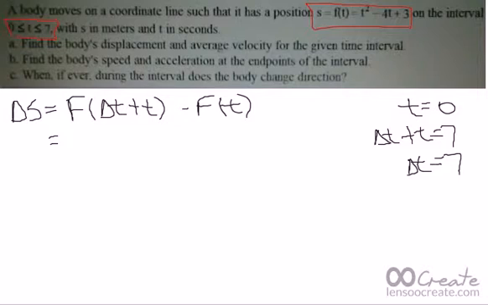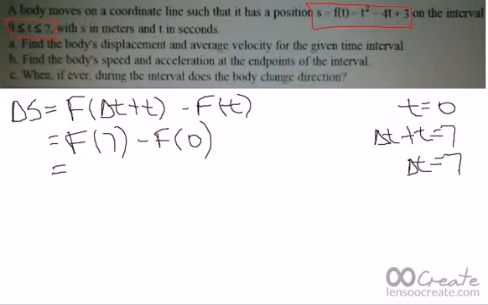We do know that t plus t is going to equal 7, like we can see here. So it's going to be f of 7 minus f of 0.